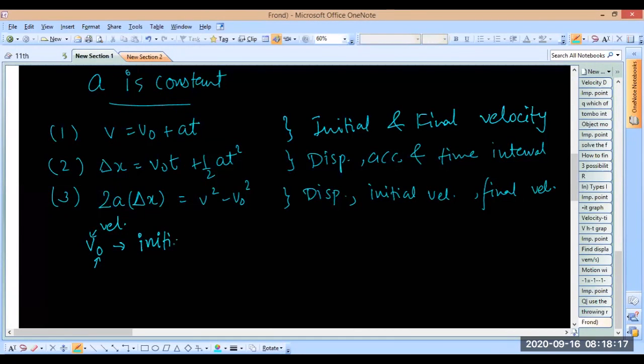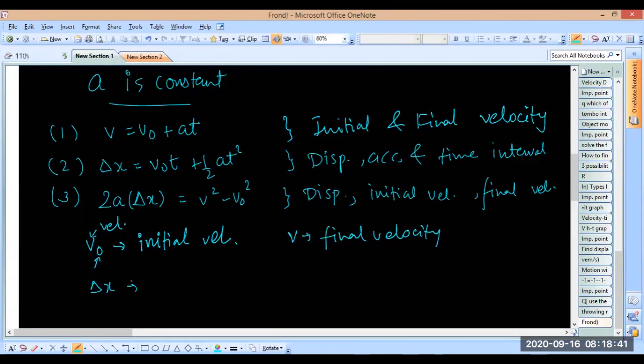You must remember the terms also. What is v? Final velocity. Very good. Then what is delta x?